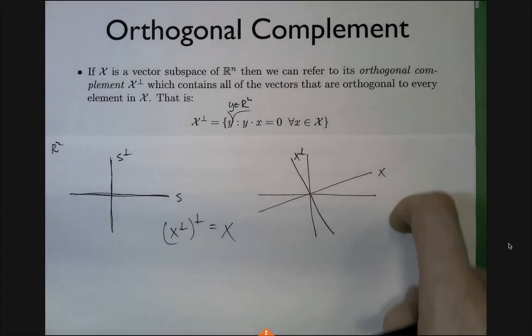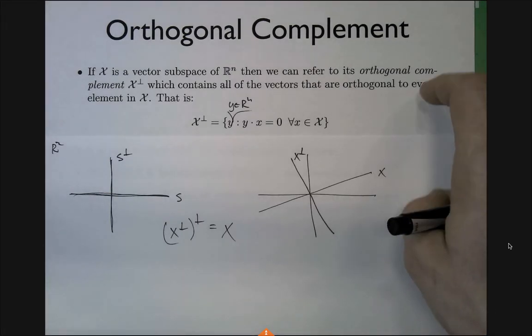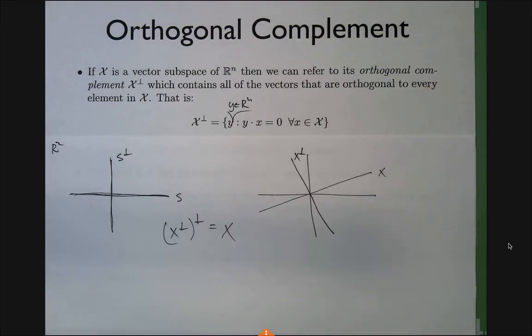So here is why the orthogonal complement is a little bit stronger requirement than just orthogonal: in 3D I can easily have two orthogonal subspaces which are just lines, but one would not be the orthogonal complement of the other, okay?